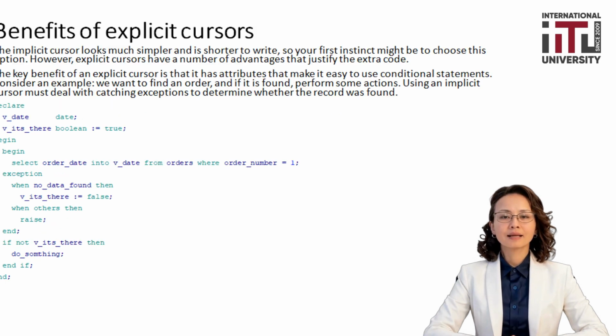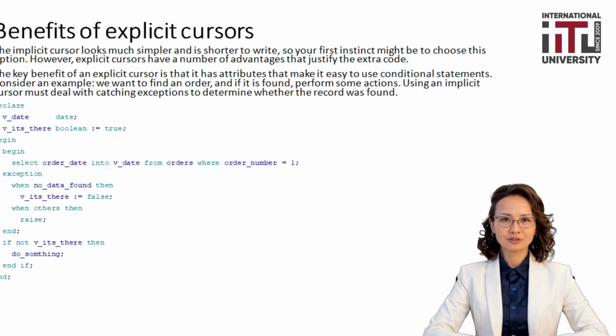At first glance, implicit cursors seem simpler and faster to write. However, explicit cursors offer significant advantages that justify the extra code. One key benefit is their cursor attributes, which make it easy to use conditional logic when processing data. For example, suppose we want to find an order and if it exists, perform some actions.